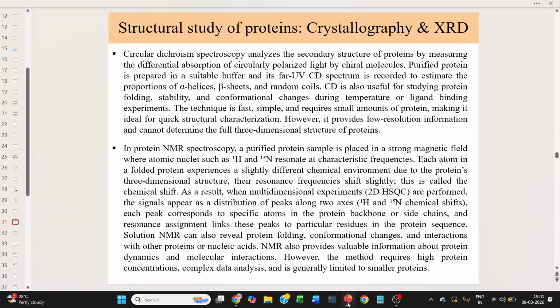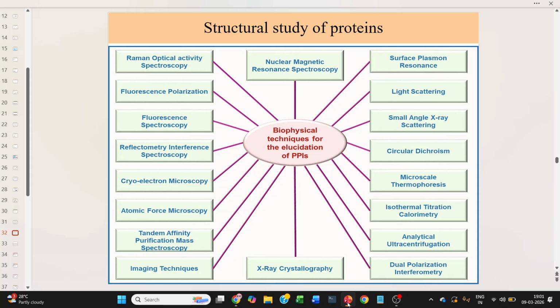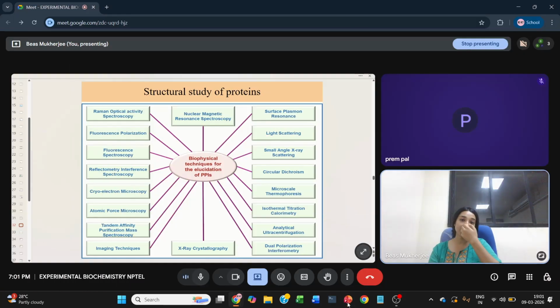Okay, now we will start with the question answers. Now, structural studies of proteins, there are all of these different strategies, different biophysical and biochemical techniques for the study of different proteins. In our course we will talk about a few of them as we proceed with the different classes, different lectures in different weeks.